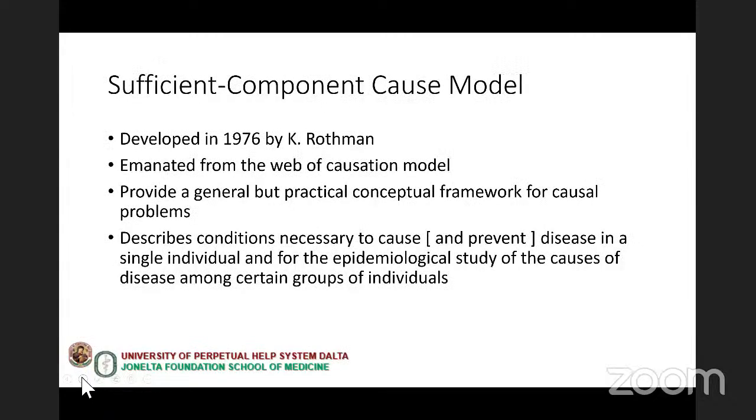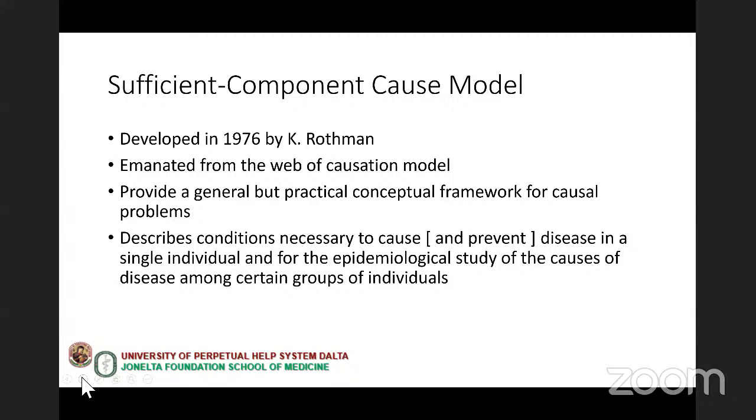And then we have your sufficient component cause model. This was developed in 1976 by Rothman. So remember your web of causation model as your model of disease causation. And this is where your sufficient component cause model came from.